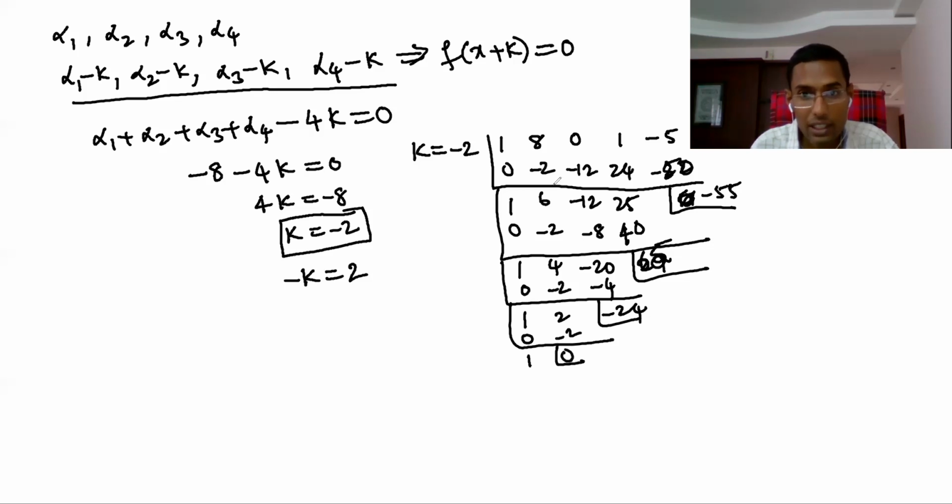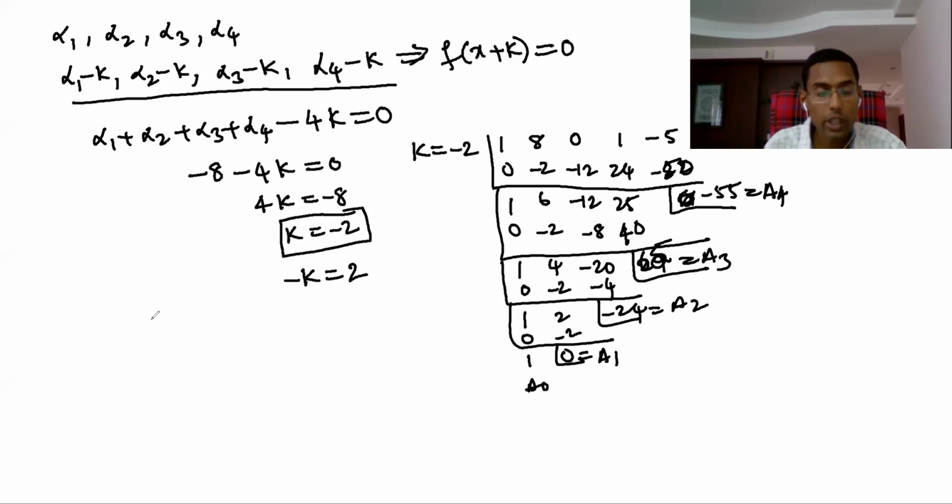You understand, this is A4, this part is A3, this part is A2, this part is A1, A1 is 0 as we want, and this part is A0. So to remove the cubic, the third degree term, what did we do? We translated the roots by minus 2.